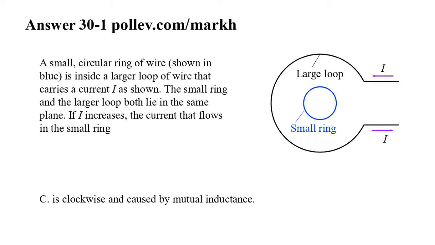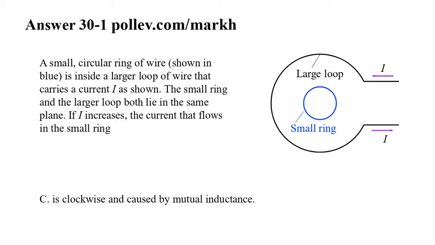If we take our right hand, put our fingers in the direction that the current's flowing, you can see we've got a magnetic field that's coming out of the screen, and it's increasing.